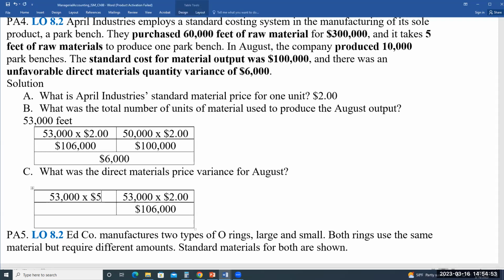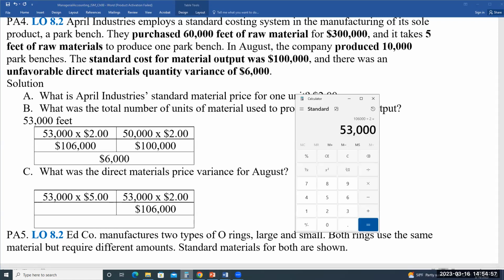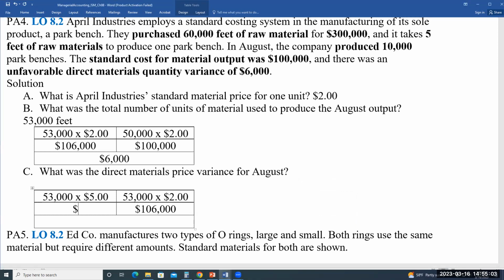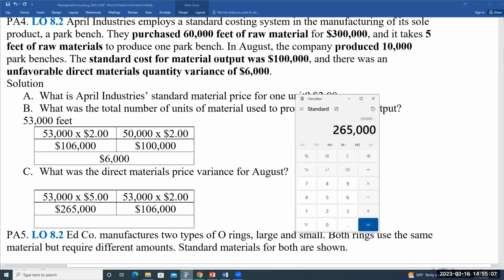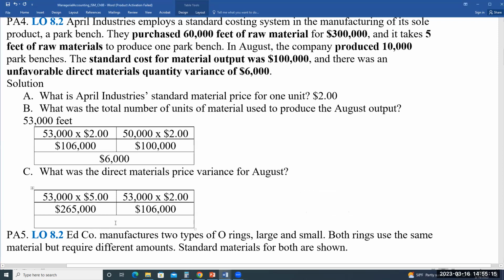So that is our actual price. And the rest is just a matter of calculations. So we end up with 159,000 unfavorable variance.